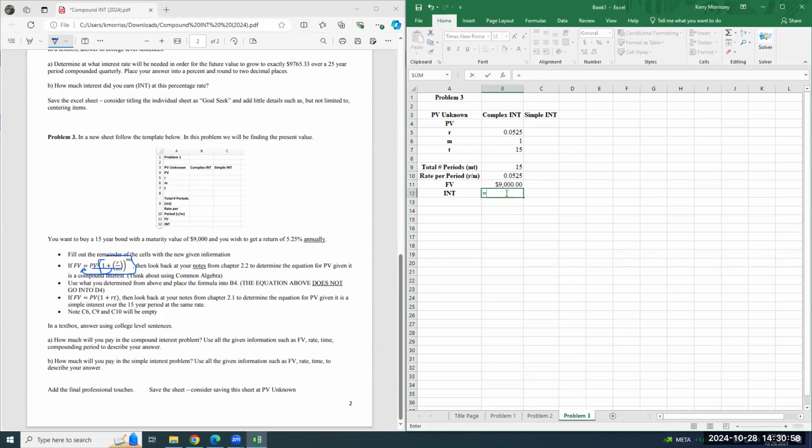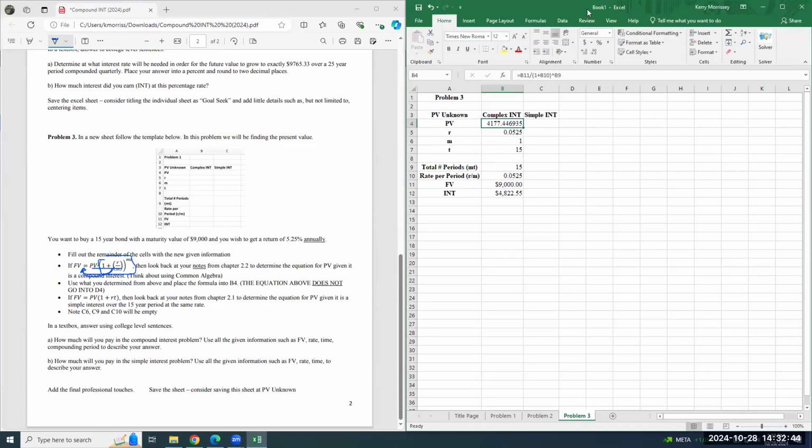Now your interest, we could also fill out, is your future value minus your present value. Now there's nothing in your present value now, but we're going to find out what that is. Let's enter your present value in. So we hit equals, and we have your future value, divided by this whole thing: 1 plus your rate per period, close your parentheses, raised to your M times your T, which is this total amount right here.